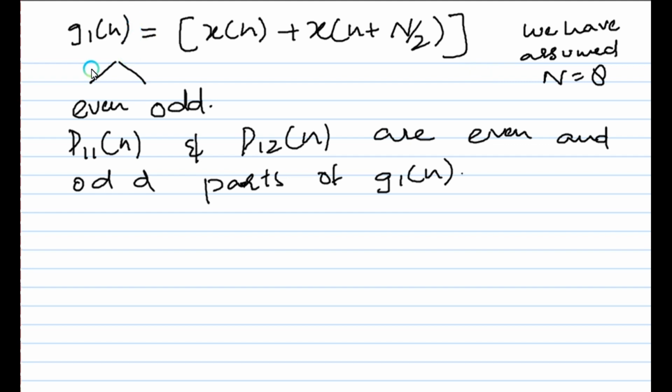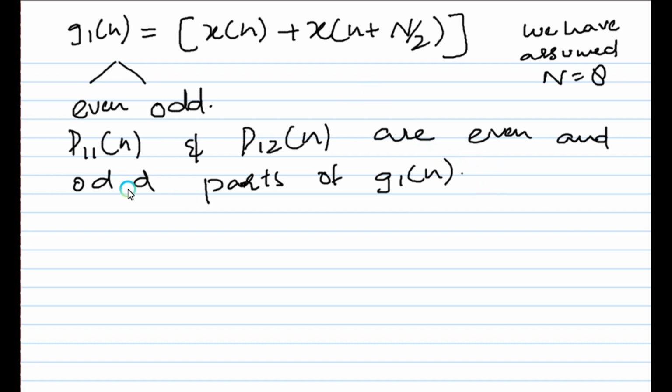Now we are dividing g1 of n into two equivalent subdivisions, p11 of n and p12 of n, so they will have 2 and 2 samples. So n in case of p11 of n will be from 0 to 1, and in case of p12 of n will be from 0 to 1.